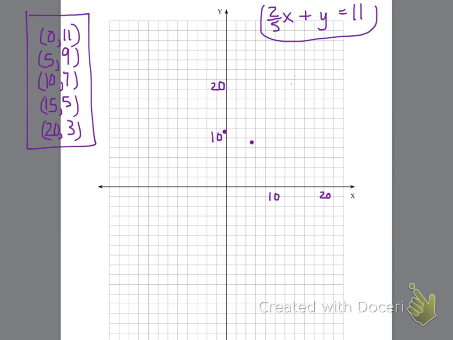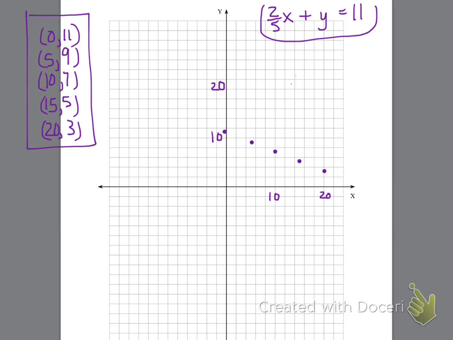So pause the video now. Okay, so on my graph, again, I had (0, 11). I had the point 5, so this is 2, 4, and then 5 is between 4 and 6 here. (5, 9), and then I had (10, 7), (15, 5), and (20, 3).